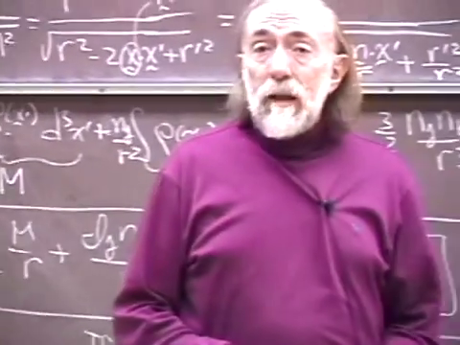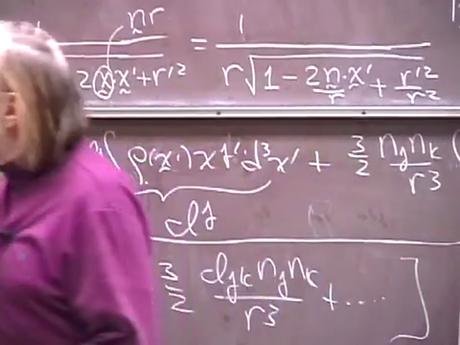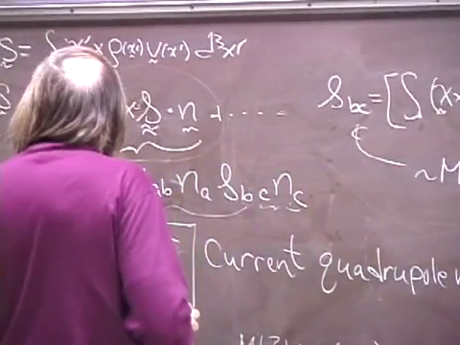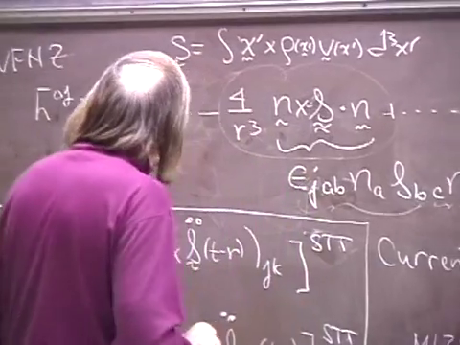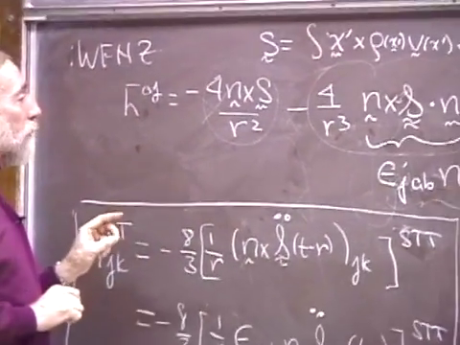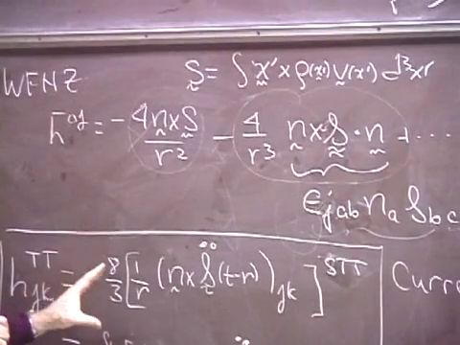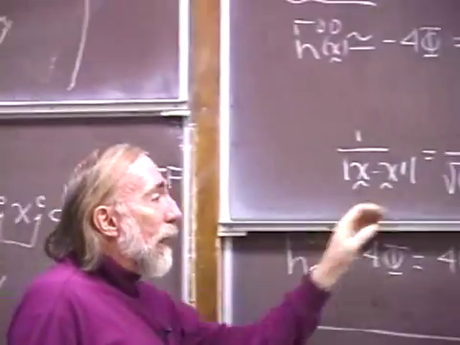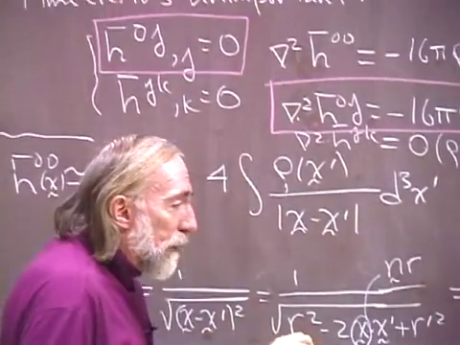Okay, in the last 15 minutes, I want to turn to the issue of the energy loss and angular momentum loss from a slow motion source. You've already analyzed one slow motion source in the homework.